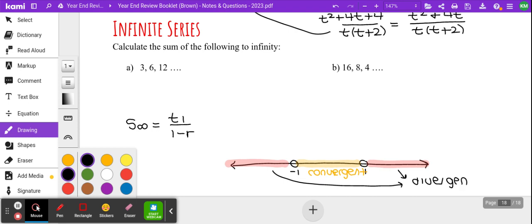So when I look at my first one, I would take perhaps 6 divided by 3. 6 is the second term, 3 is the first term. It tells me the common ratio is 2. Can I calculate the sum of this? No. No formula. This one is divergent.